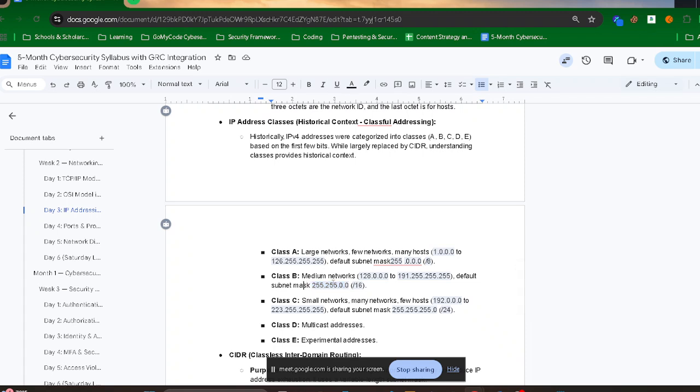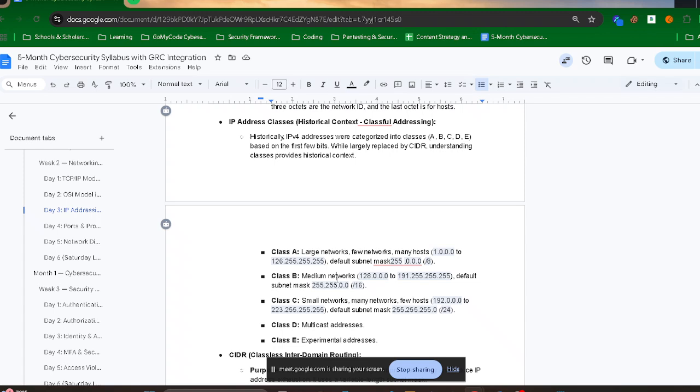Why Class A? Good question. The reason why it's not 255 is that when you establish your network, one of the IP addresses will be for the network.